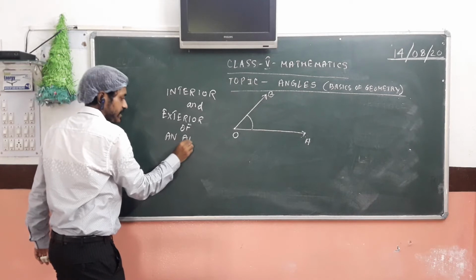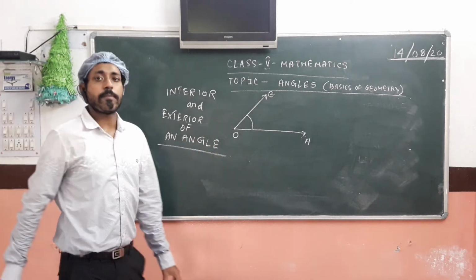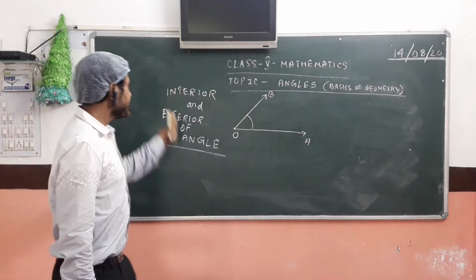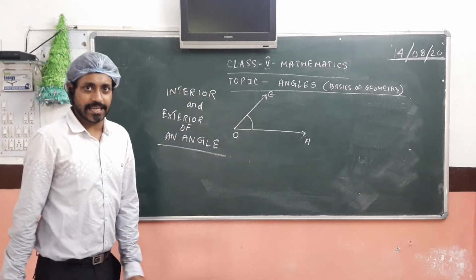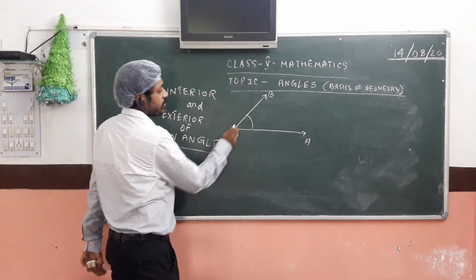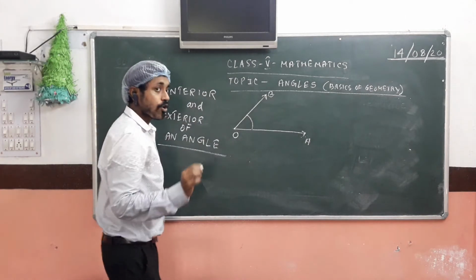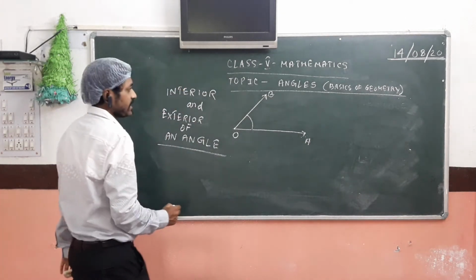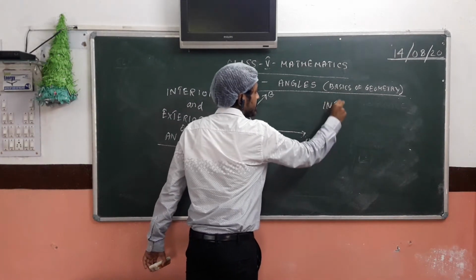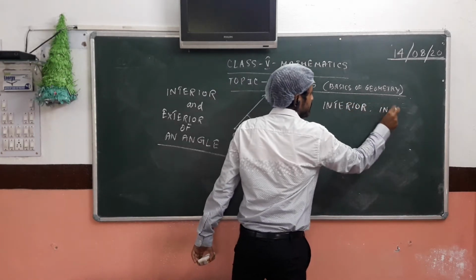You will find everything in your book, but still watch this video for better understanding. What do we mean by the interior of an angle? The region which is present in between these arms is called the interior of the angle. The word interior means in between.